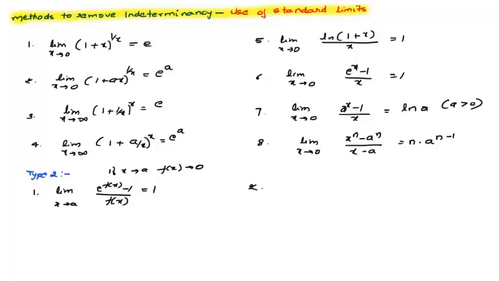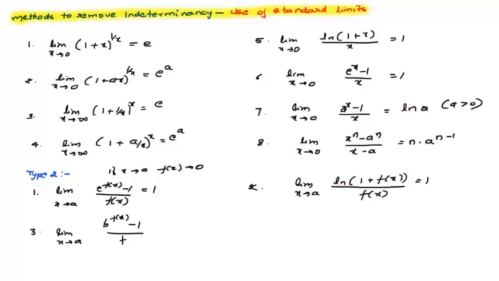Next one, limit x tending to a, ln of (1 plus f of x) whole by f of x. This will be similar to your 7th form in type 1, and this will also be equal to 1. Same case, third one, limit x tending to a, in place of a, let's have b raised to power f of x, so we have (b raised to power f of x minus 1) by f of x.